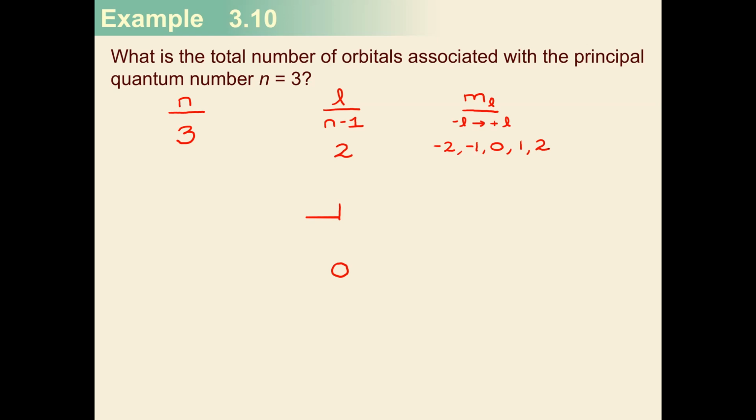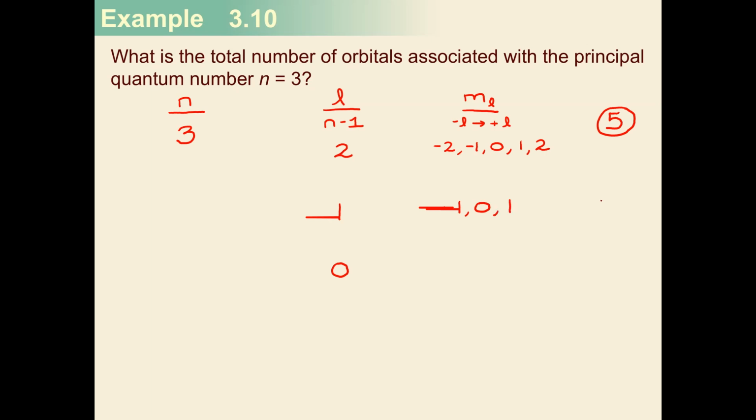So in this case, with having a principal quantum number of 3 and an L that is 2, I am allowed 5 different mathematical possibilities from just those quantum numbers. So let's go and look at 1. So once again, I'm allowed to go from minus L to positive L. So in this case, I'm allowed minus 1, 0, and 1.